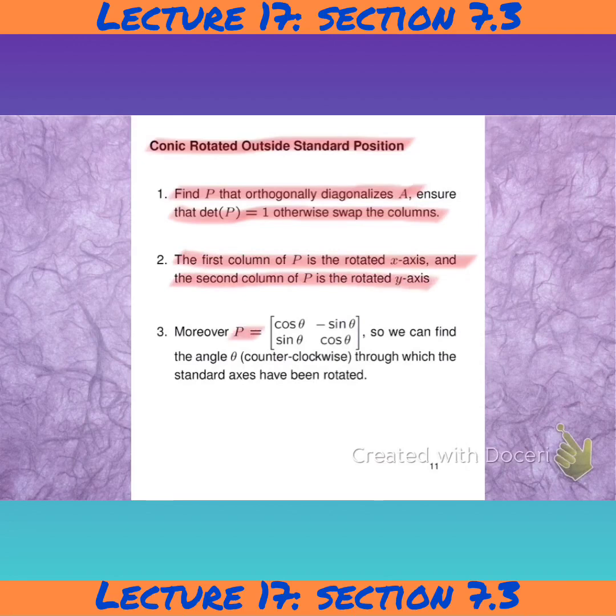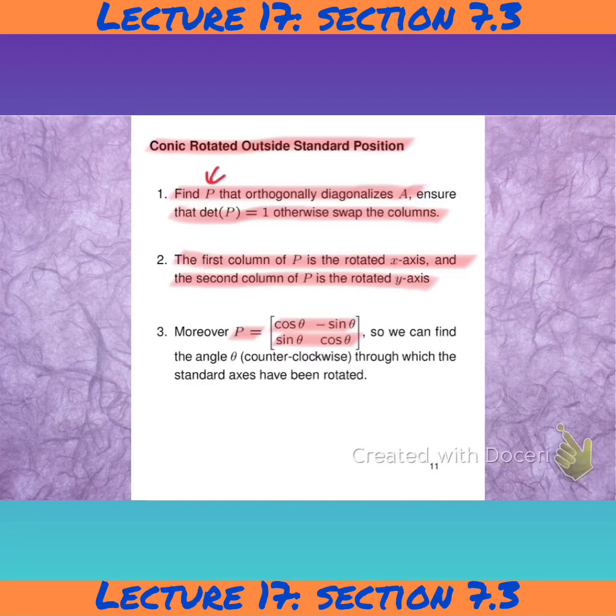So we let P be this matrix here, and we ensure it has determinant 1.